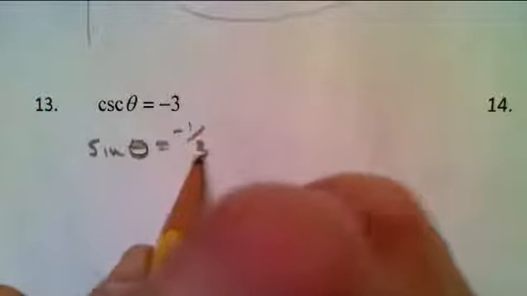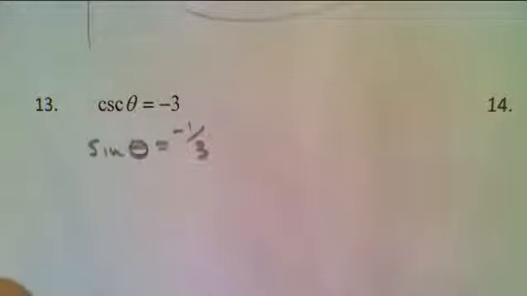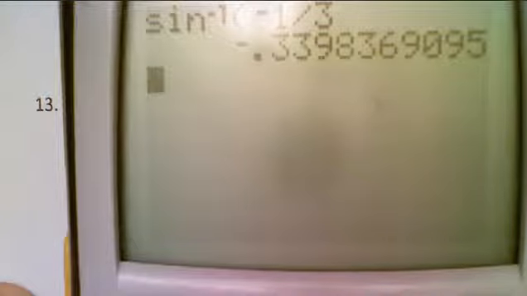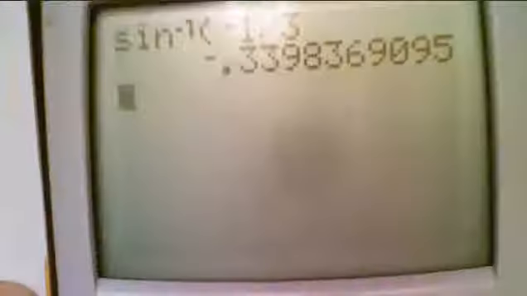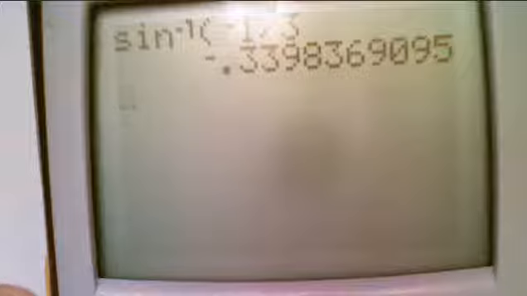Alright, with cosecant of theta equals -3. So it tells me the sine of my theta is -1/3. So we need to figure out what angle that is. So when I use my calculator for that one, inverse sine of -1/3, I get -0.34.